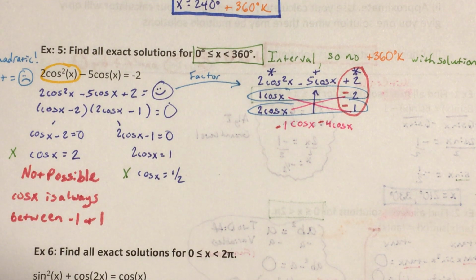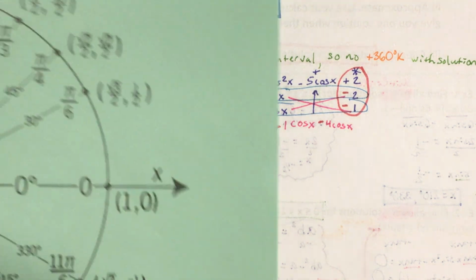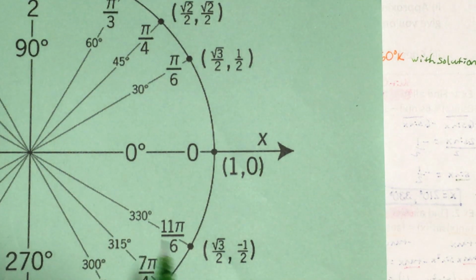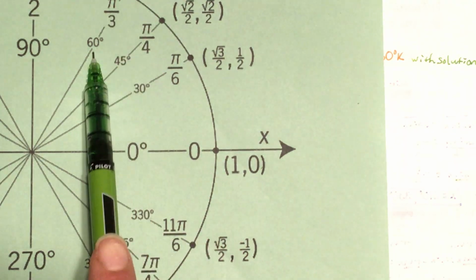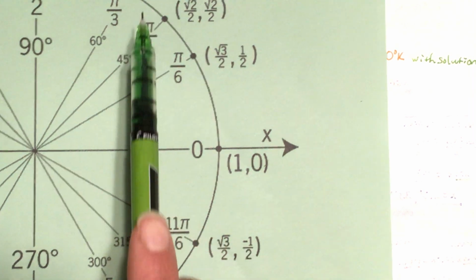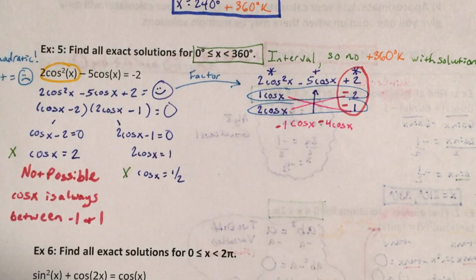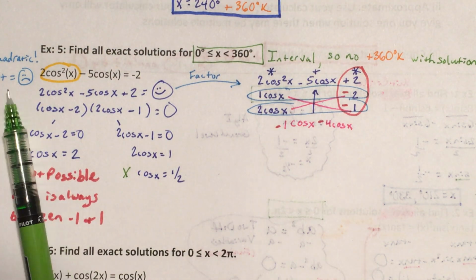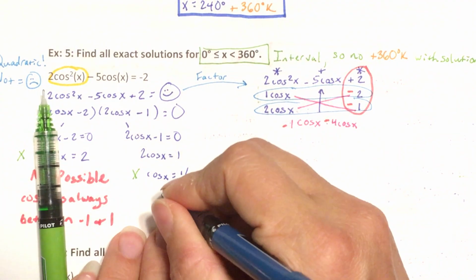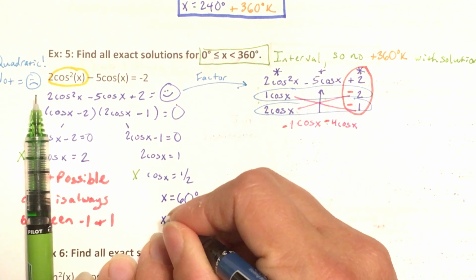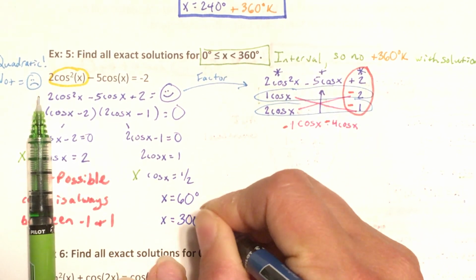Well, we have positive x values in quadrant 1 and quadrant 4. So a positive 1/2 at 60 degrees and a positive 1/2 at 300 degrees. So x equals 60 degrees and x equals 300 degrees.